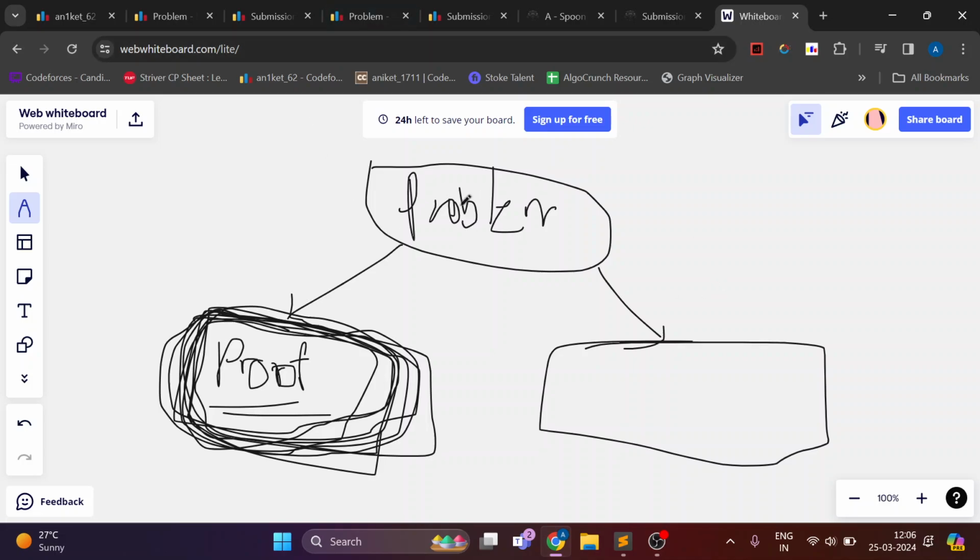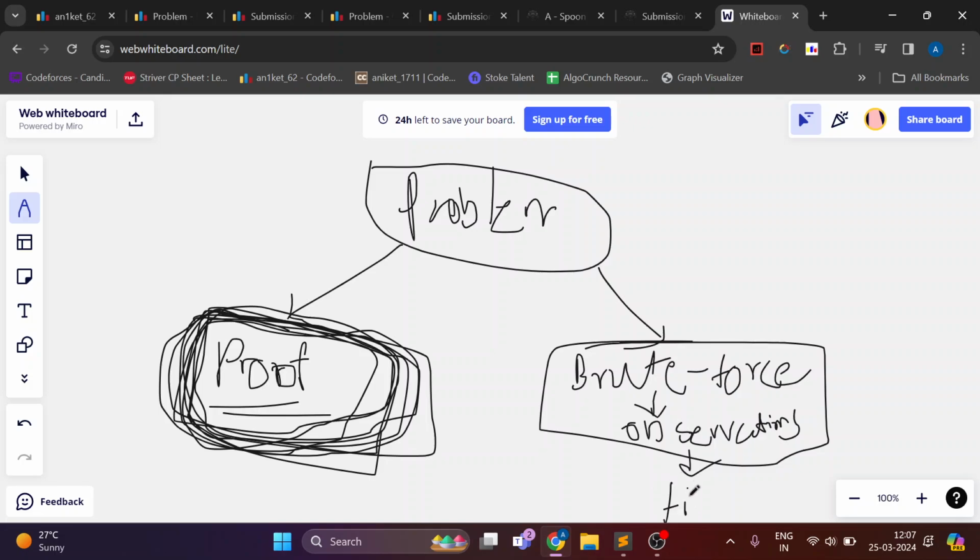So for those problems, what you do is you write brute force for smaller constraints, and from that brute force you find all the observations which you can, and using these observations you finally find a solution. So this is a way to solve mathematical problems.